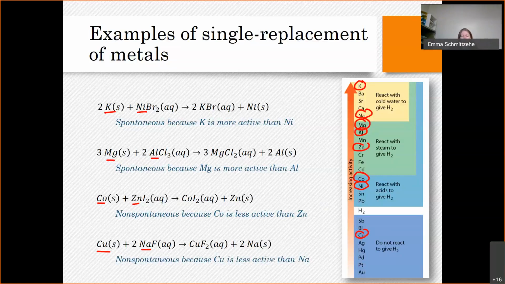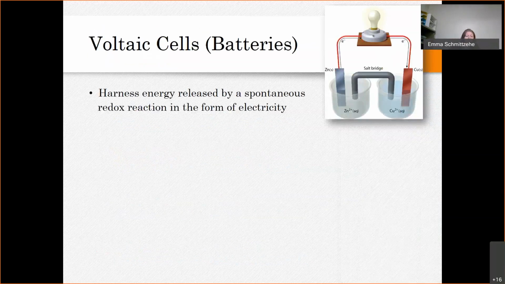How we do this typically is by setting up an electrochemical cell. And so we'll look at two types of electrochemical cells, okay? So we have voltaic cells, that's one type. The other one's electrolytic, okay? But first we're going to start with voltaic cells. So a voltaic cell can also be called a battery, okay?